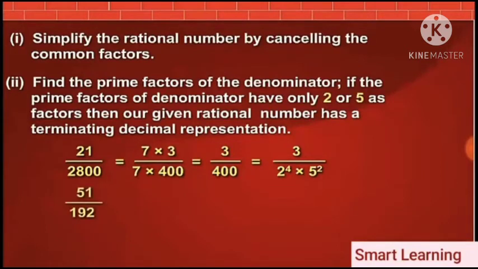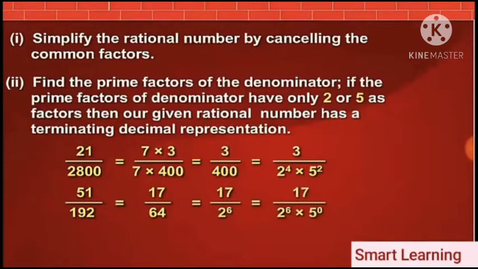In case of 51 upon 192, after simplification, we get 17 upon 64 and then we get 17 upon 2 raised to the power 6.